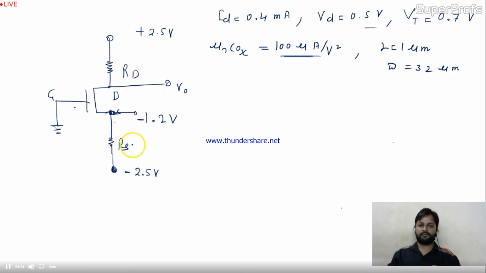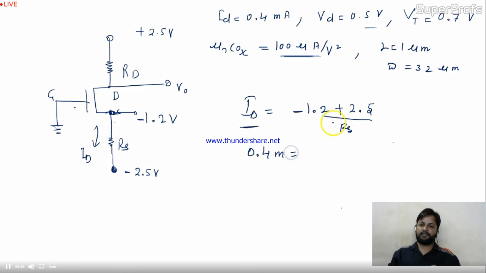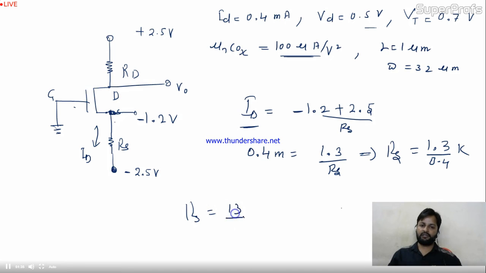ID is definitely minus 1.2 plus 2.5 divided by RS. ID is already 0.4 milli, so this becomes 1.3 divided by RS. So RS is 1.3 divided by 0.4 K, which is 13 by 4 K ohm.